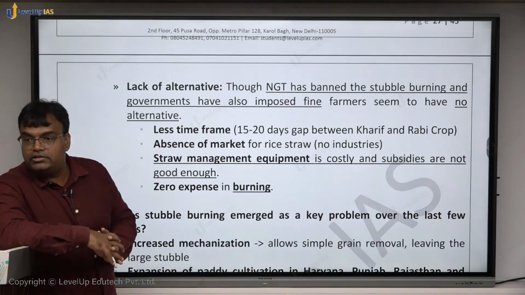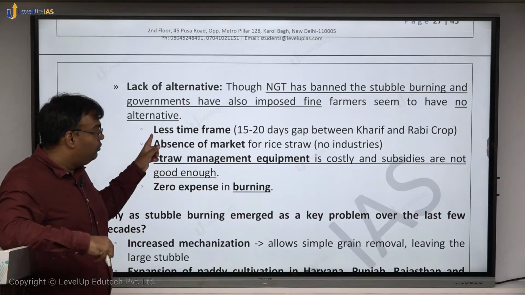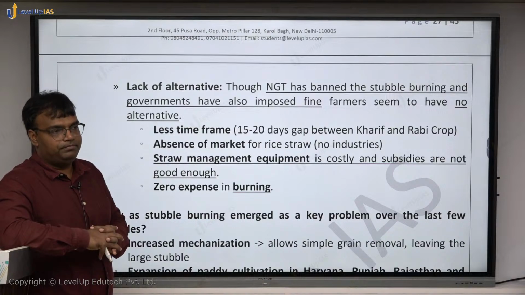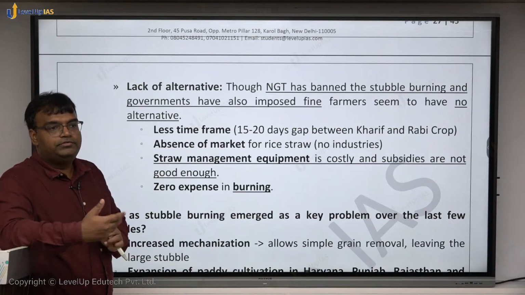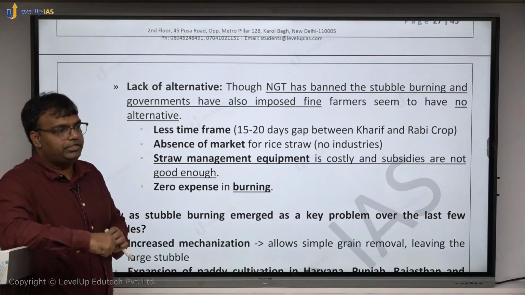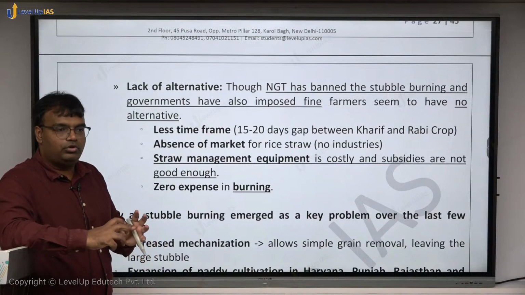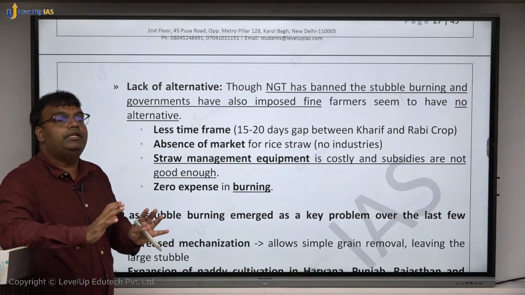Why are they getting harassed by authorities and still burning stubble? Because one, they have very little time. The next crop that they have to sow is wheat. So after harvesting rice, they have only 15-20 days, and in 15-20 days they do not have any mechanism of disposing the stubble in economic manner.